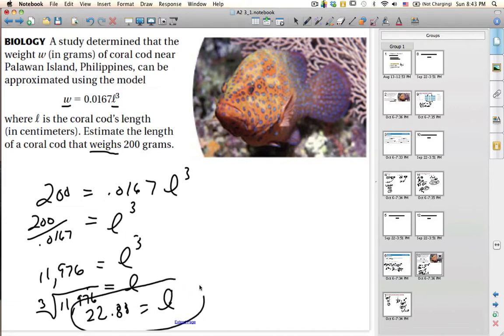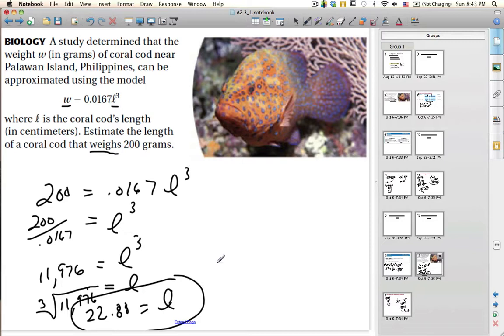Right? So again, I know I have a single answer. That makes sense, right? If this had been an even root, I would have gotten a positive and negative number out of that. A fish can't really have a negative length, right? But because this was an odd root, I knew that there was a single solution. If it had been an even root, there would have been two.